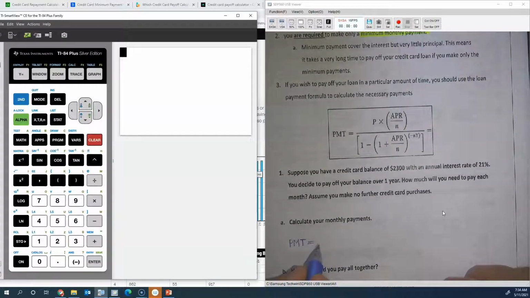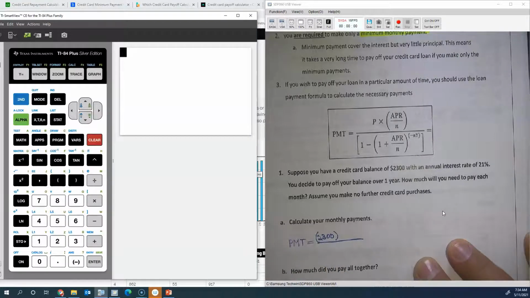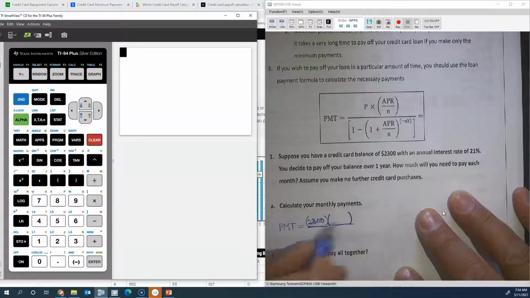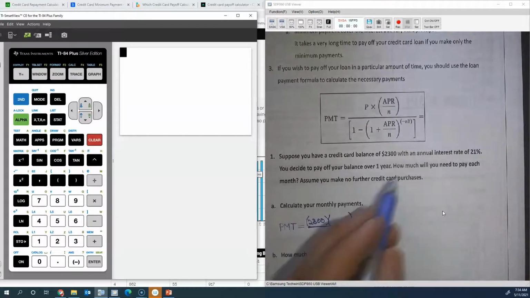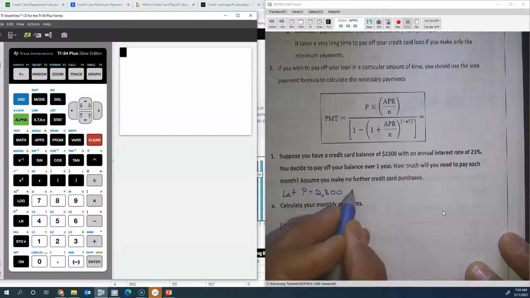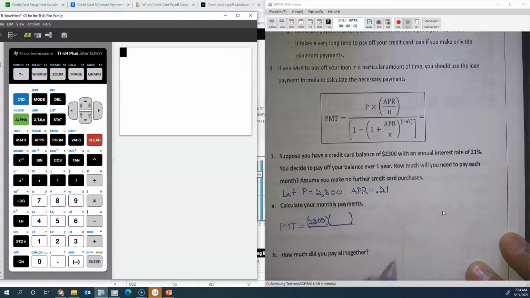Let's see, my principal is $2,300. N is going to be 12 because we're going to be making monthly payments. So you're going to let P equal 2,300. The APR is 0.21 as a decimal.